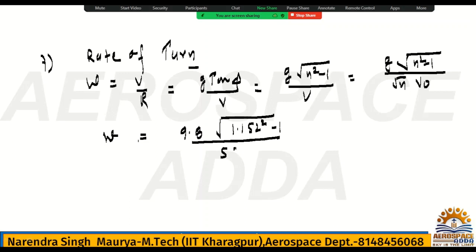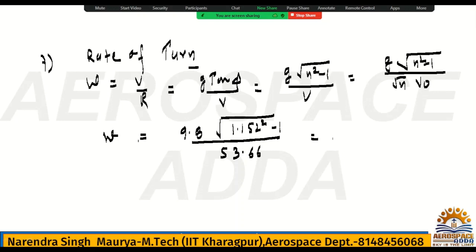I'm writing v. So v is 53.66. Yes or no? If you calculate this value, check what you are getting. So 1.152 square minus 1, take root of it, into 9.8, divide by 53.66.